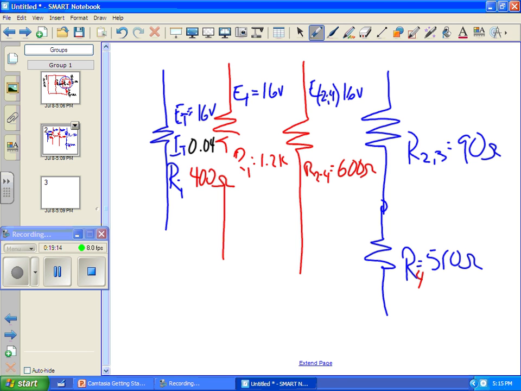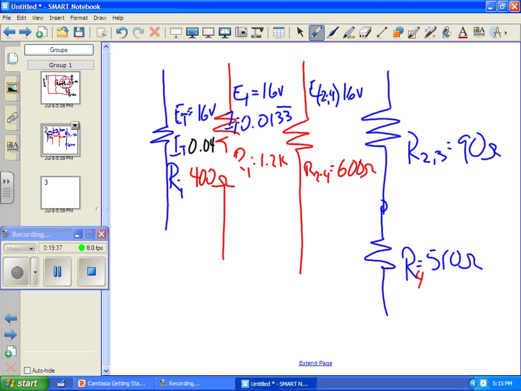Okay. So first we would divide 16 by 1200. I1 we would find 0.01333333 and on.